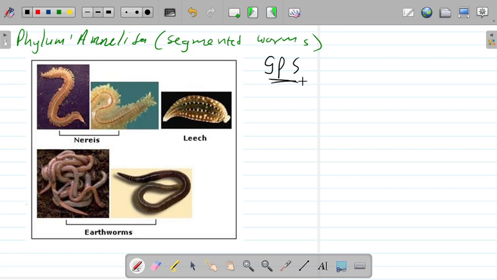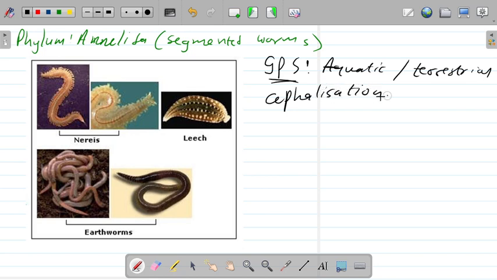So let's get to the structure of these organisms. Whether they are parasitic or free living, they show cephalization. Let's write this: aquatic and terrestrial. Cephalization is present. That's a good thing.